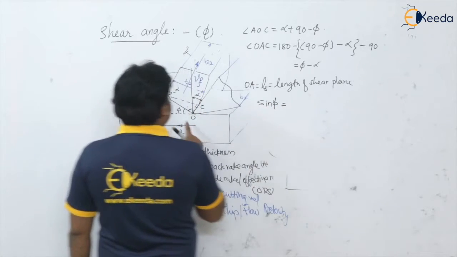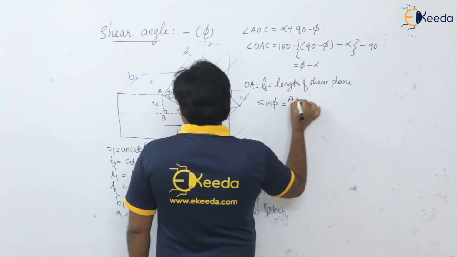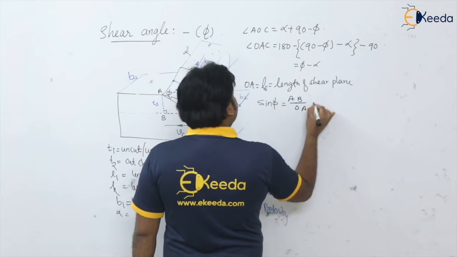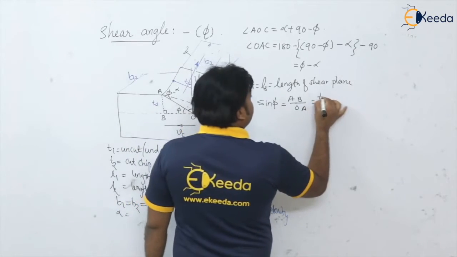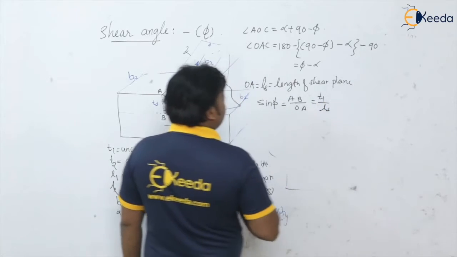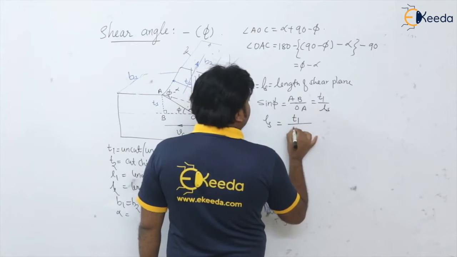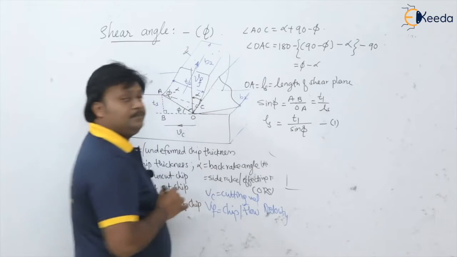Sine of angle phi is equal to AB divided by OA. And AB is our uncut chip thickness T1. So T1 divided by OA, which is LS. So LS here is equal to T1 divided by sine phi. So this is equation number 1.